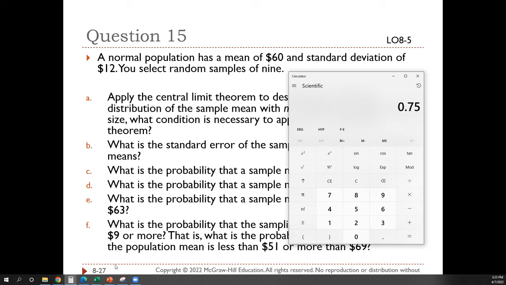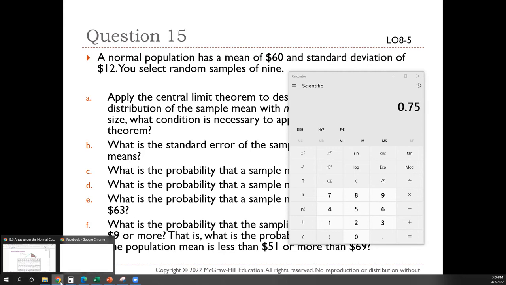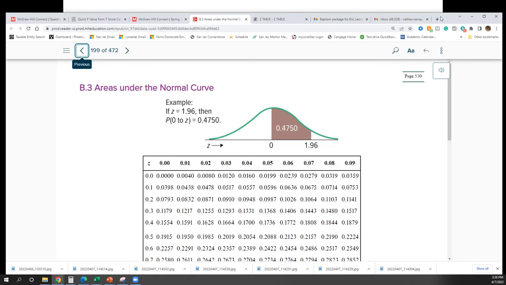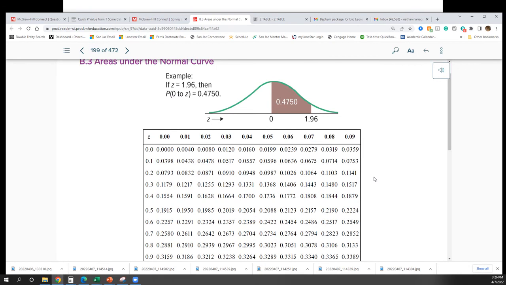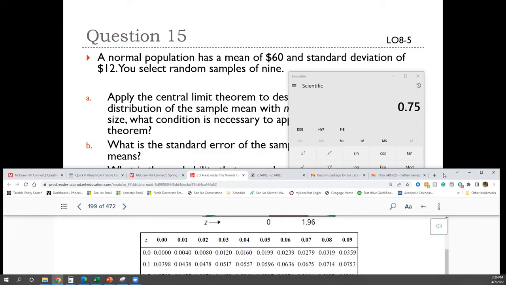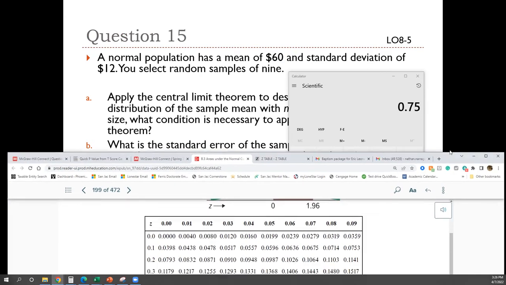Sorry. So we need our chart. All right, so chart right here. So our chart states that our Z value is 0.75.